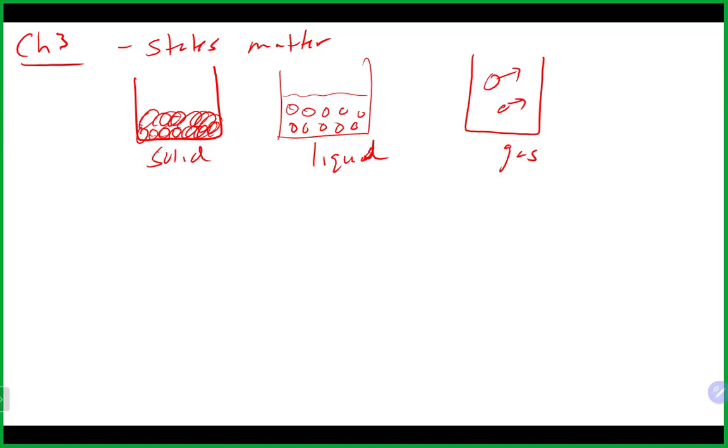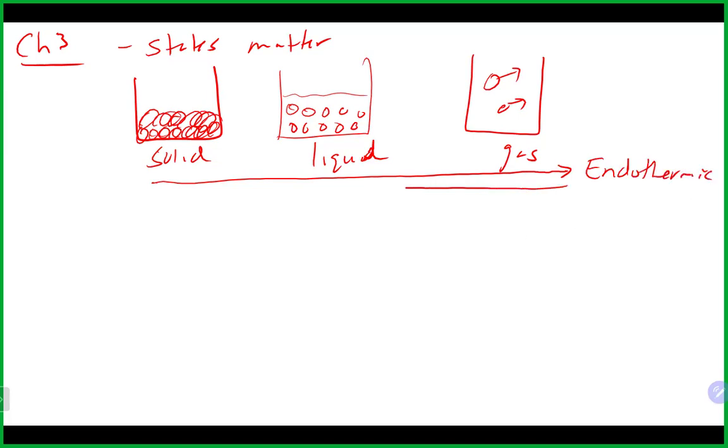And remember that as we go from solid to liquid to gas, those are all processes that are endothermic, requiring energy to be put in. And if we go from gas to liquid to solid, that is exothermic processes. Energy has to be removed.